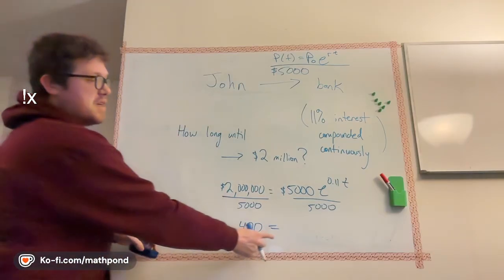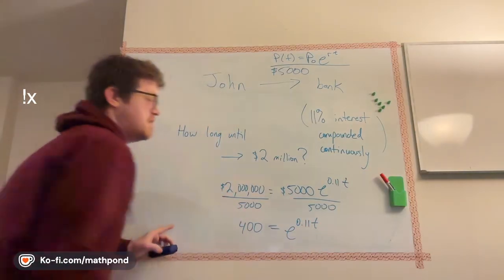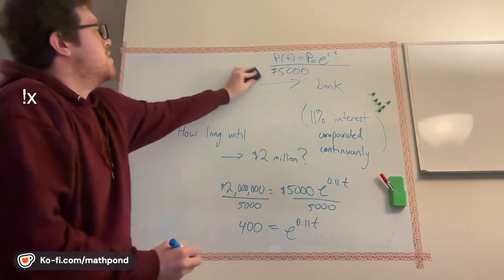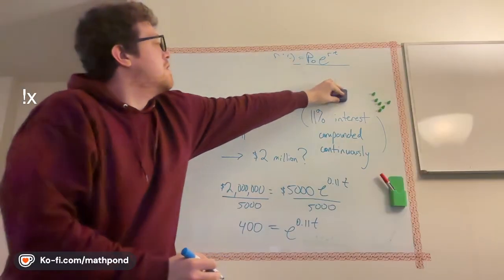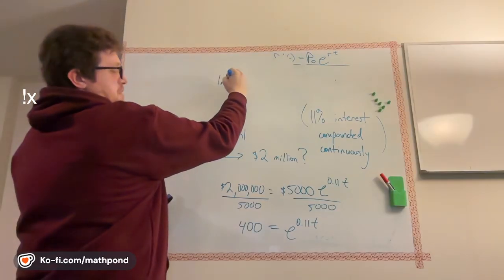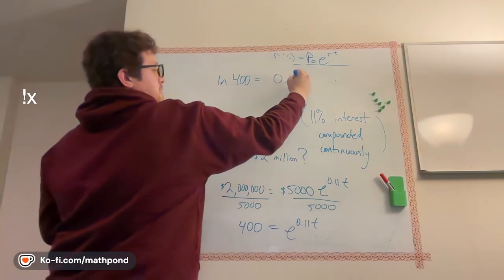So 400 is e to the 0.11t. Take the log of both sides. So natural log of 400 is 0.11t.